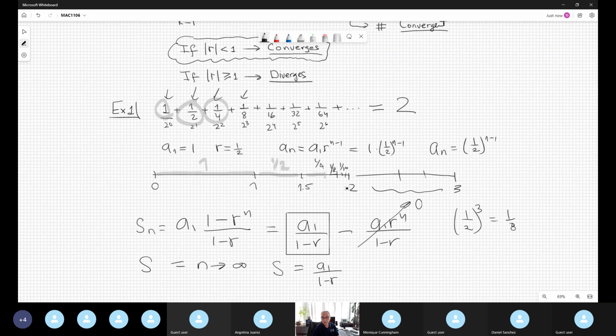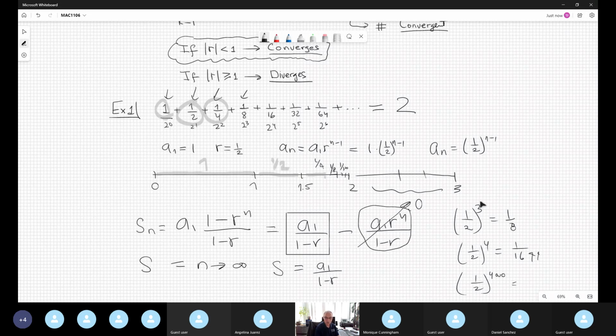But if you raise it to the fourth power, it's 1/16. You see how the denominator increases faster and the fraction goes to 0. Suppose we have 1/2 raised to the 400, it's a super small number, close to 0. This part approaches 0 asymptotically.